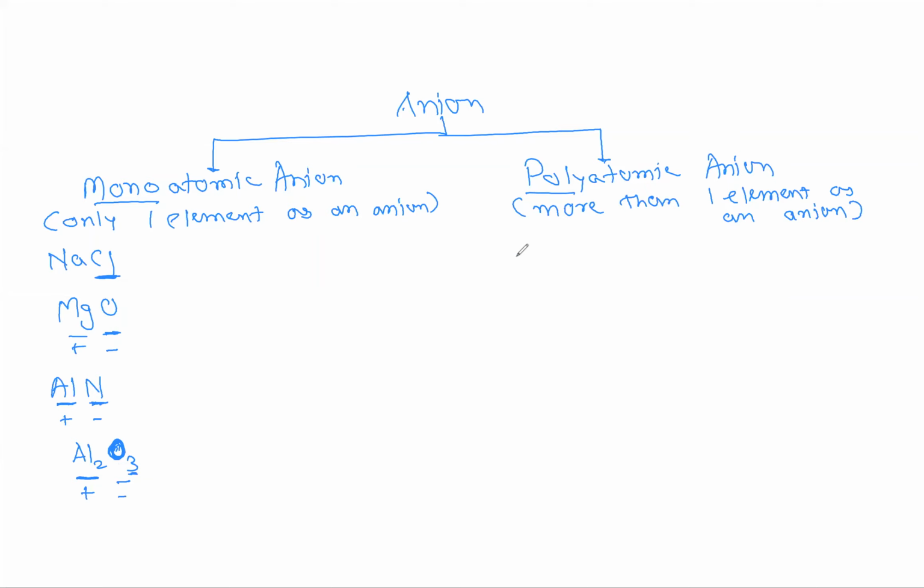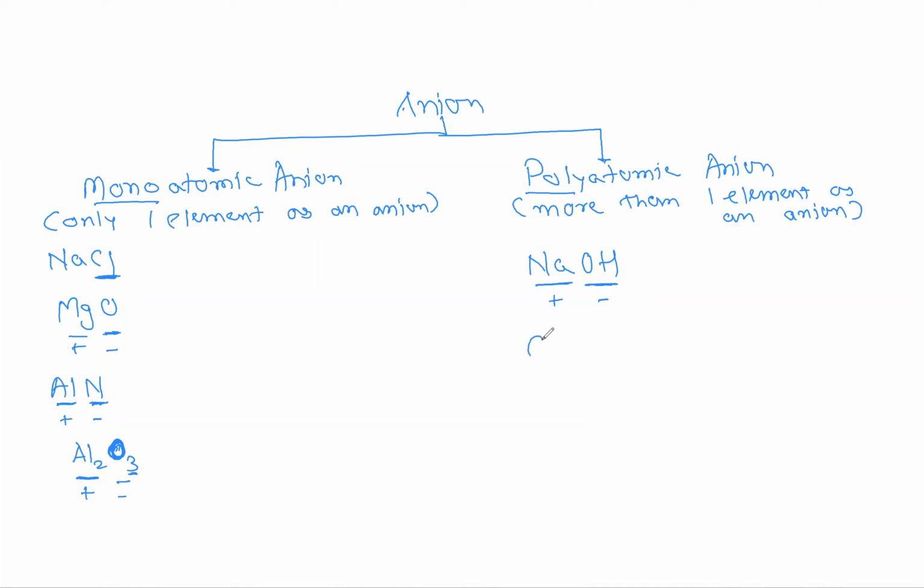So let's start with a simple one. NaOH. In this example, Na is a cation and OH together is the anion. Oxygen and hydrogen together is called the anion.